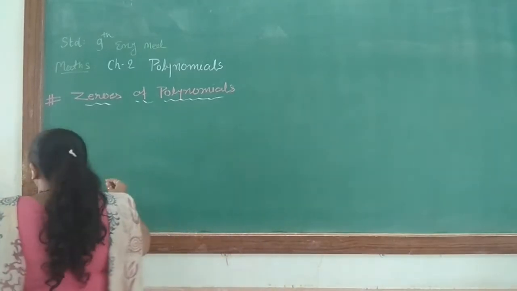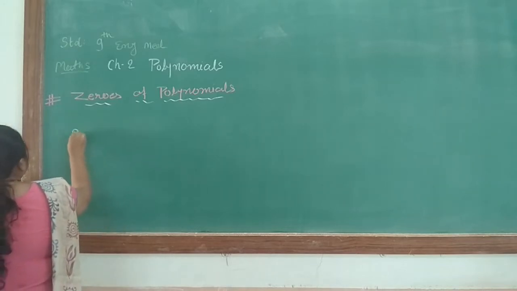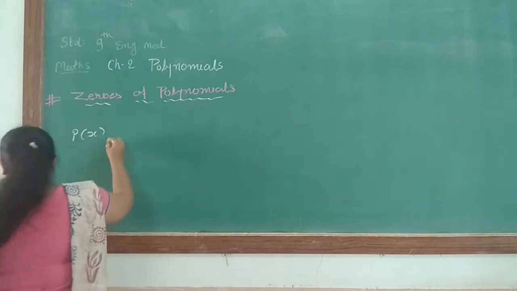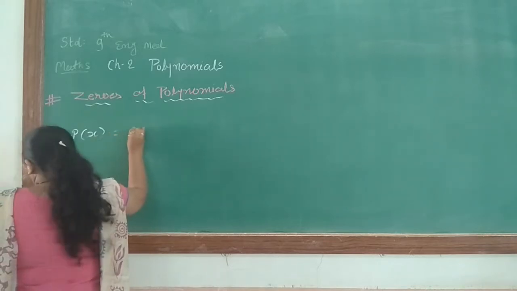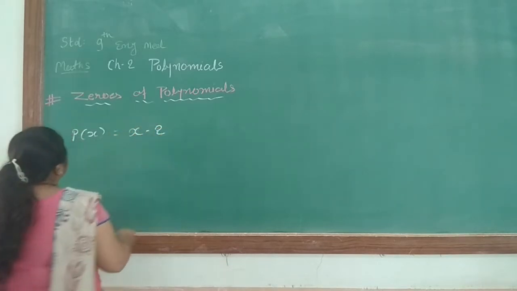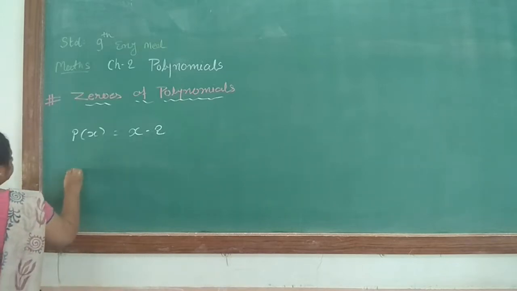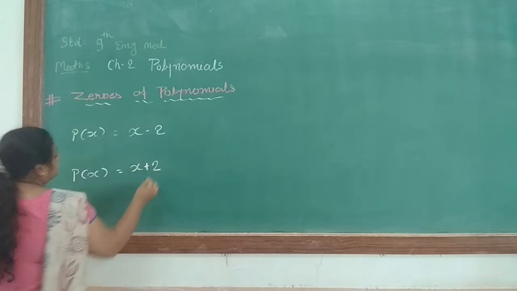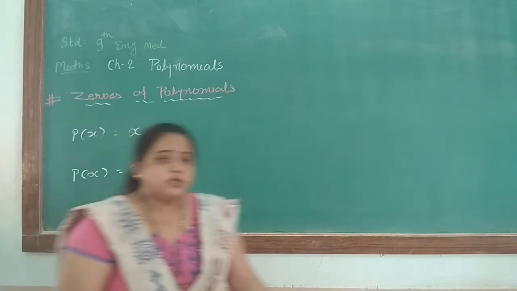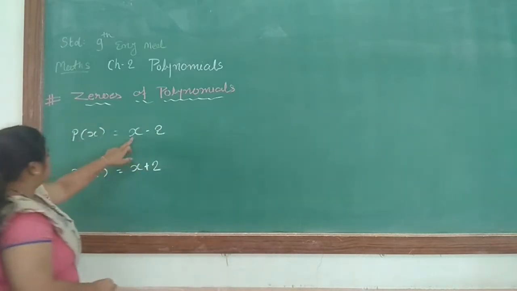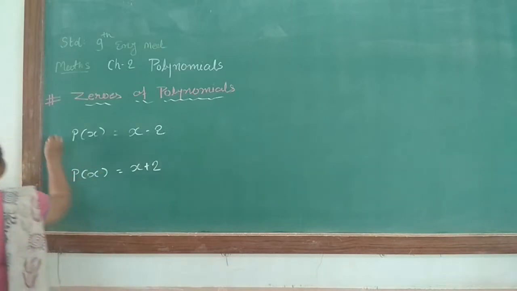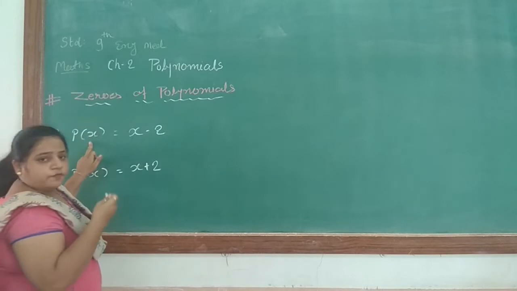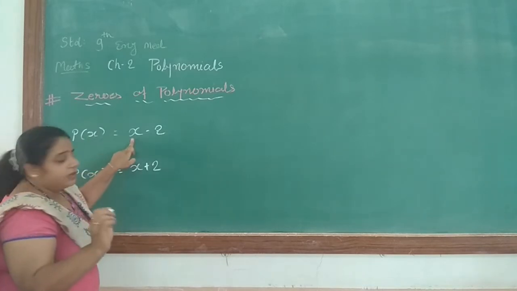Right? So our first example is p of x equals x minus 2, and p of x equals x plus 2. Now which is the variable? x. Number 1 and number 2. So first, number 1, x is the variable.